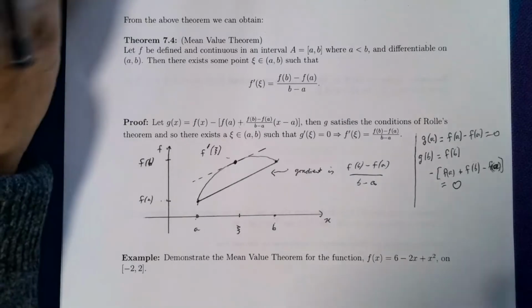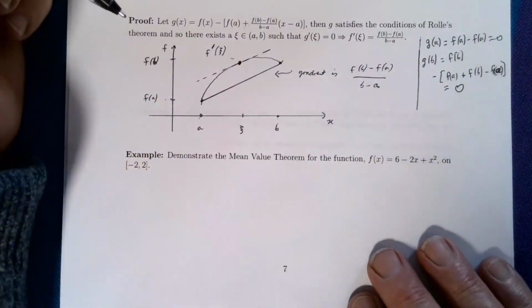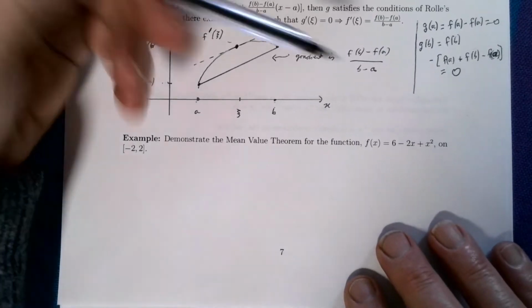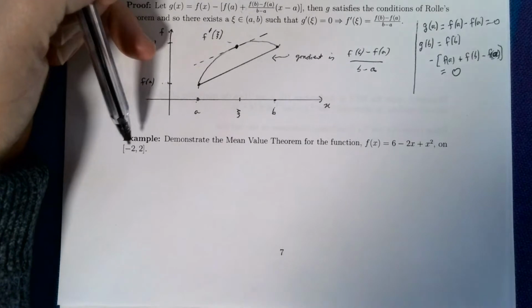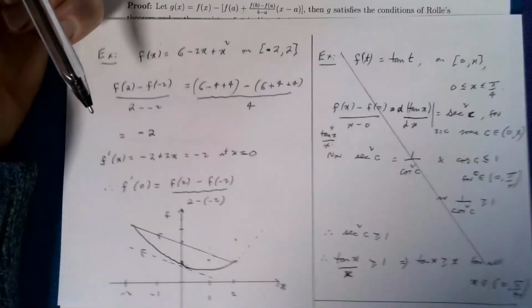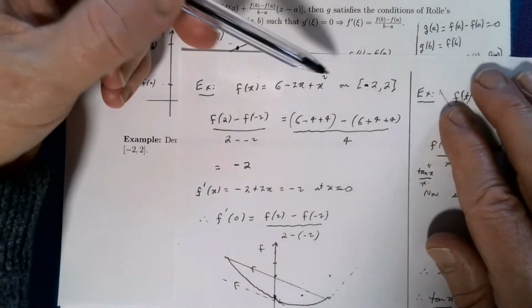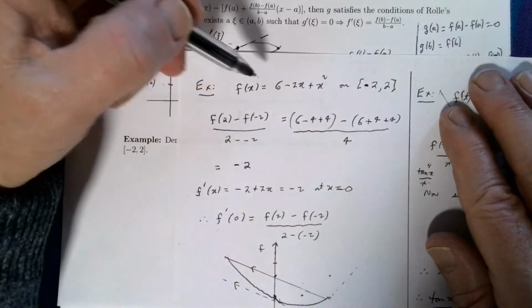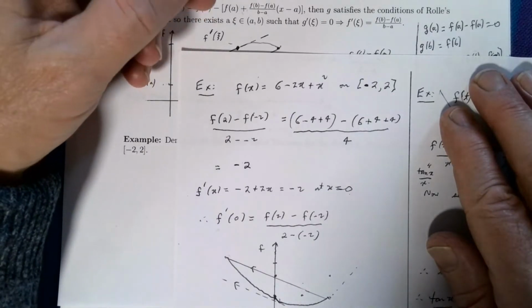Now the next little example is just to demonstrate the mean value theorem for this function. It's a quadratic, 6 minus 2x plus x squared on the interval minus 2 to 2. So here's a little demonstration of this. Here's our function on the interval minus 2 to 2. I'm just going to use that formula, f of b minus f of a over b minus a.